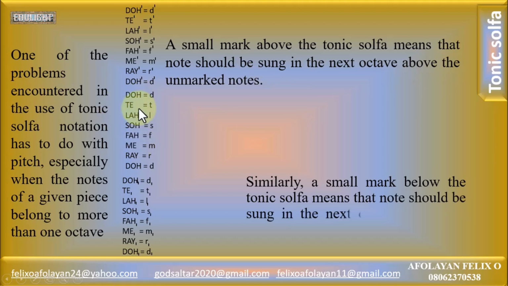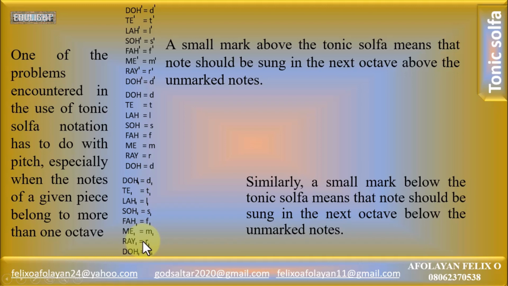Similarly, a small mark below the sol-fa means that the note should be sung in the next octave below the unmarked octave. This one will be sung below the normal octave.